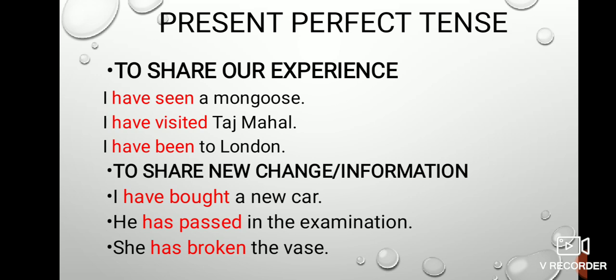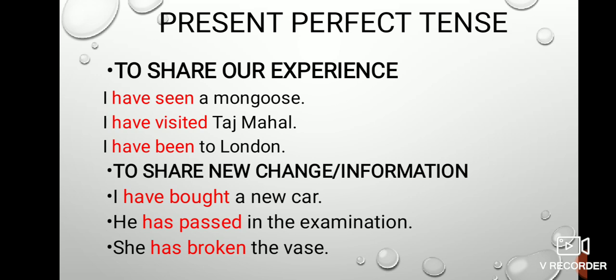Okay, children. So he has passed in the examination. He has passed in the examination. She has broken the vase. These two sentences show some information. Someone is passing an information to someone. Okay. So if you also want to pass any information, then you can use present perfect tense.